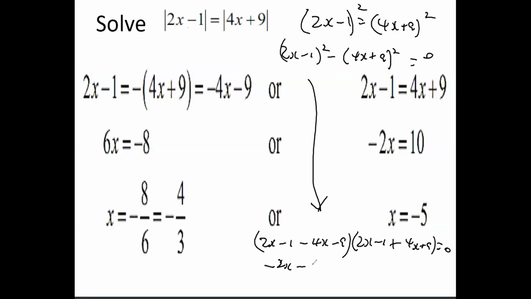Minus 1 minus 9 is minus 10. That's not a problem. We're not looking at looks here. 2x and 4x is 6x. I hope I get the right answer with this. Minus 1 plus 9 is positive 8, equals 0.